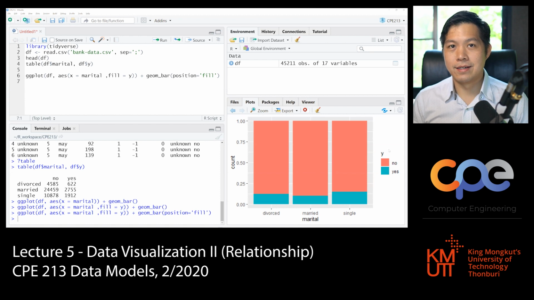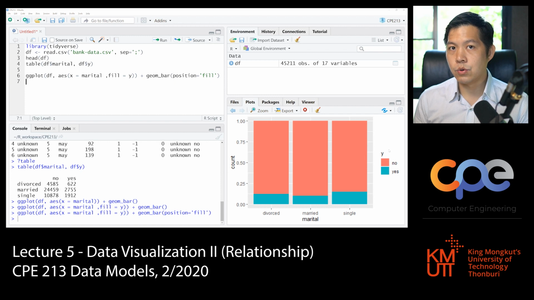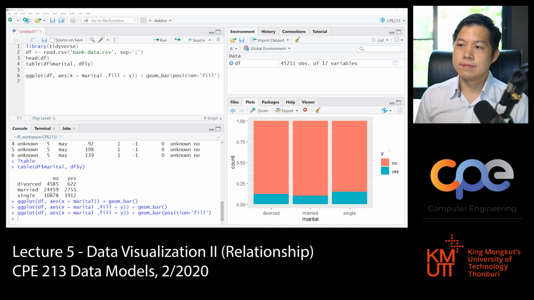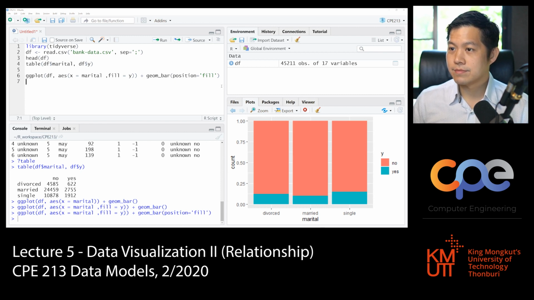What does it mean? What does that mean, having the same chance? What does that mean to the relationship between two variables? Having the same chance. What does that mean?